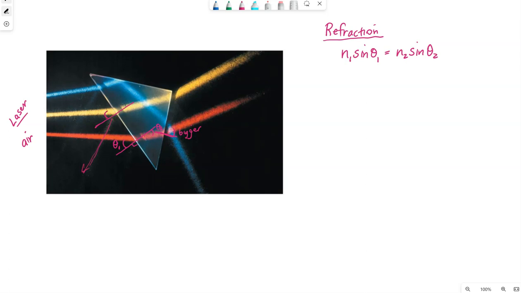As far as refraction is concerned, though, this yellow laser makes some angle theta 1 relative to the normal. There's a smaller angle, theta 2, while the light is in this prism.